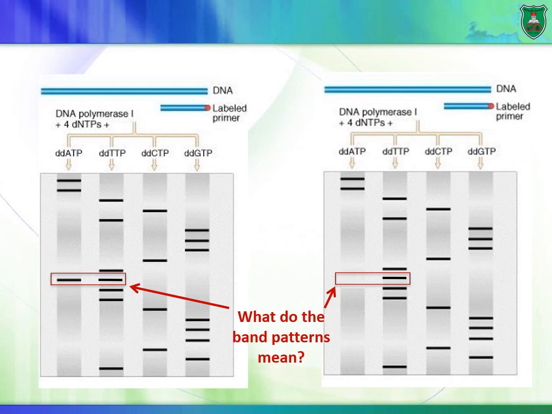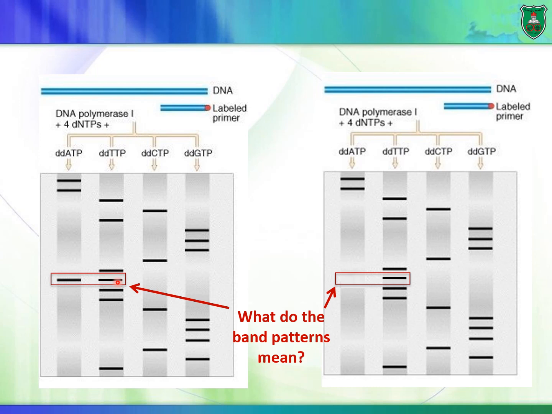Now, let's say that I have a gel and I have these two bands right here at the same exact position. So they have the same exact length. How is that possible? Think about it for a second. I'll give you a hint.